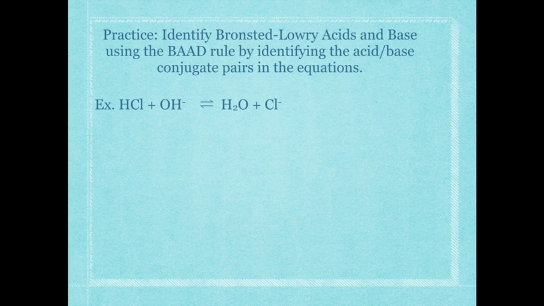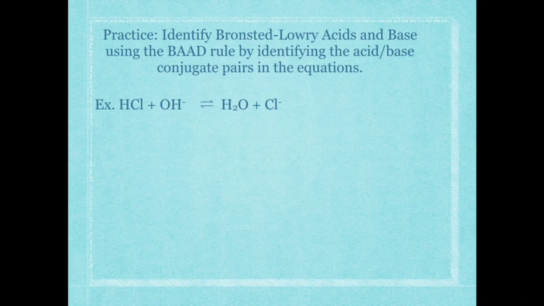So if you look here, I give you a reaction. Hydrochloric acid is reacting with hydroxide ions to produce water and Cl minus. So the first thing that we need to do is identify the Bronsted-Lowry acid and the Bronsted-Lowry base. If you compare HCl to the chloride ion on the product side, HCl has lost that proton, the hydrogen ion.